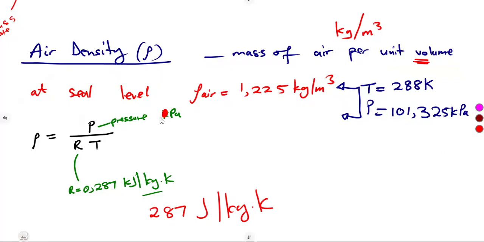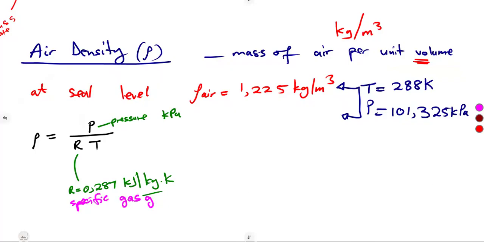But when you use the kilopascal, therefore use your R in what? In kilojoules. That is the concept. Anyways, guys, we know these units, conversions, and use of units. The R there is the specific gas constant.